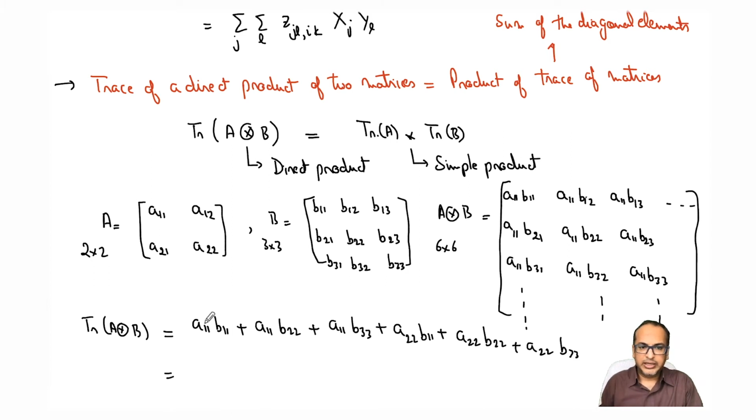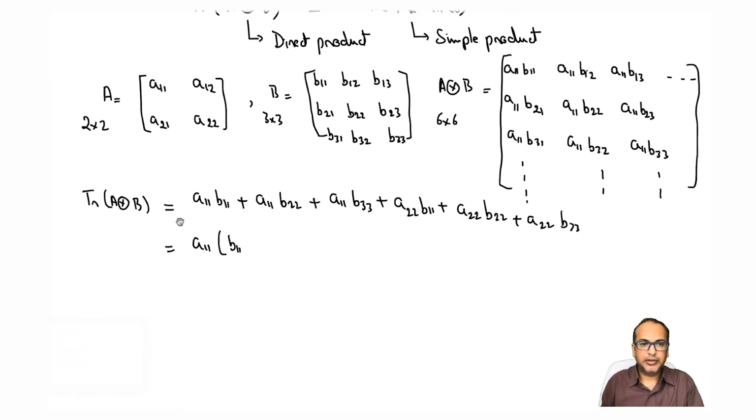So now I can take A11 common from here, and what I have is B11 plus B22 plus B33, and I can take A22 common from here, and I get B11, B22, B33.